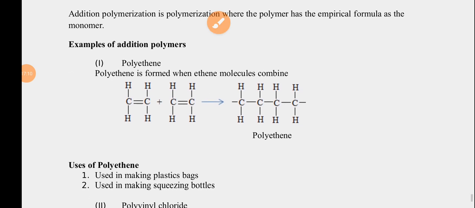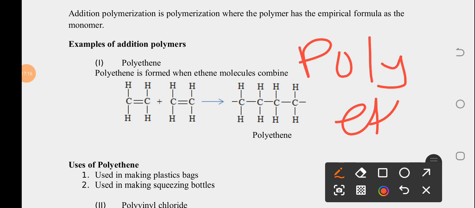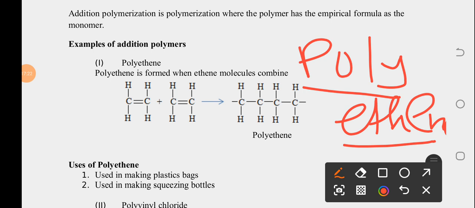So here, as I was saying, we've got polyethene. The first part of the name shows us that this is a polymer. Then this part shows us that this polymer is formed from the combination of monomers called ethenes. So here we've got this ethene and also this ethene. Again, don't forget that addition polymers are polymers formed from identical unsaturated monomers.